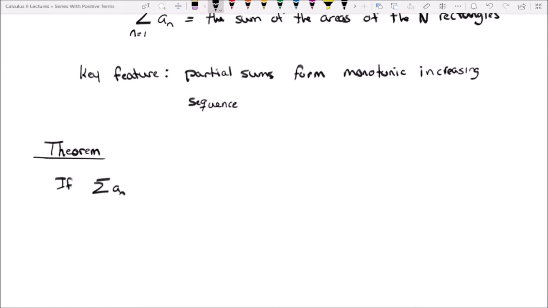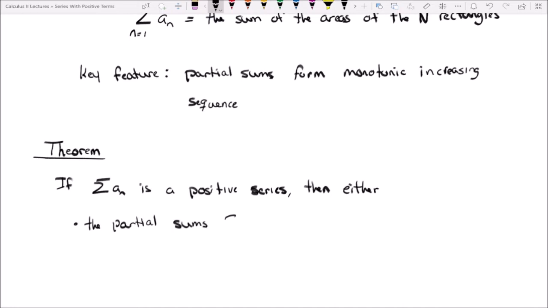If a sub n is a positive series, then either 1, the partial sums are bounded above, in which case the series converges.